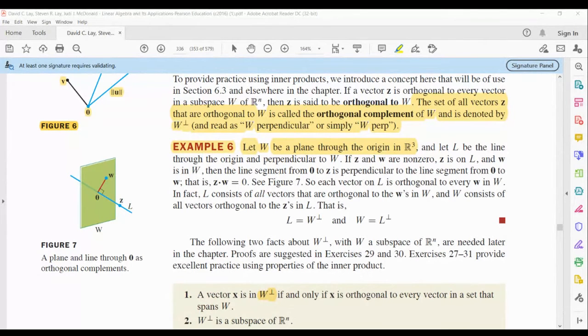And W perp is actually a subspace itself. Are there any questions on this? It's really just introductory ideas that are talked about.